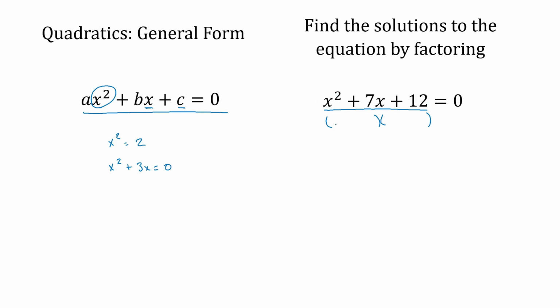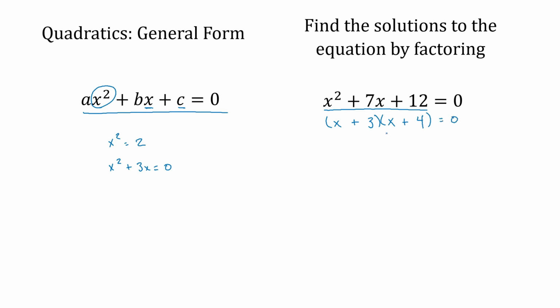I know my x squared term is going to end up being x and x. Now I need factors of 12, and I'm going to see if I can get those to add to give me 7. So if I put a 3 here and a 4 here, 3 times 4 is 12. And if I add both of those terms, 3 plus 4 gives me 7.